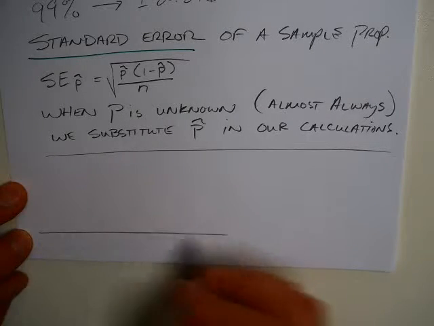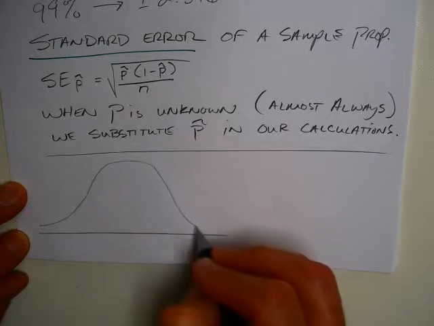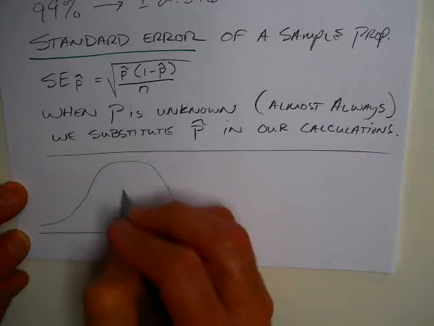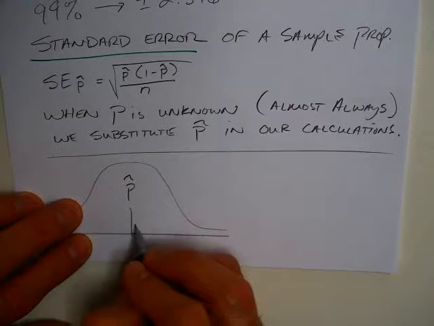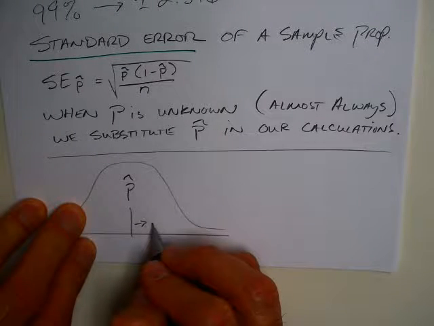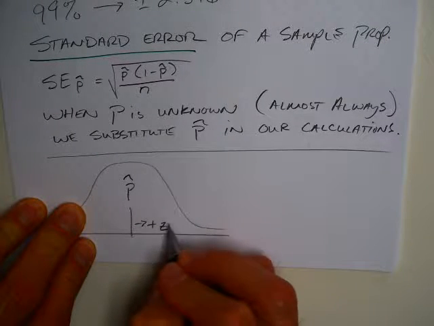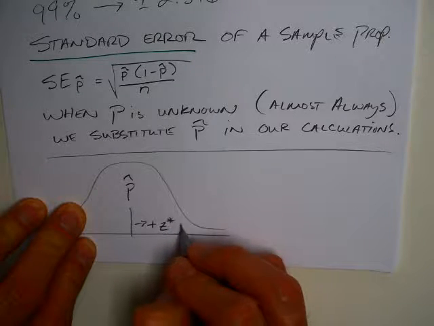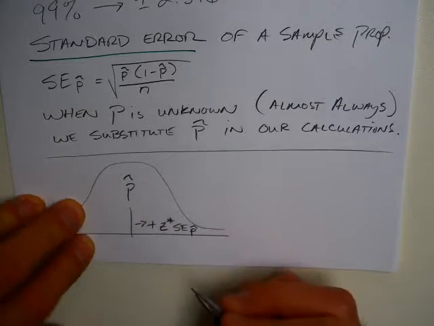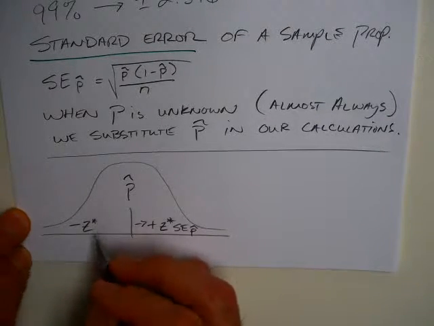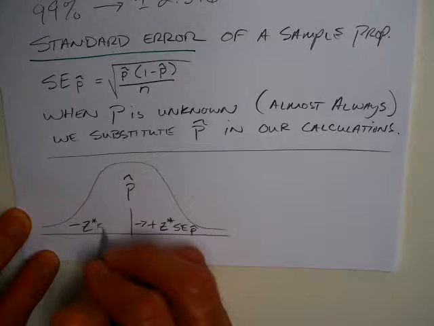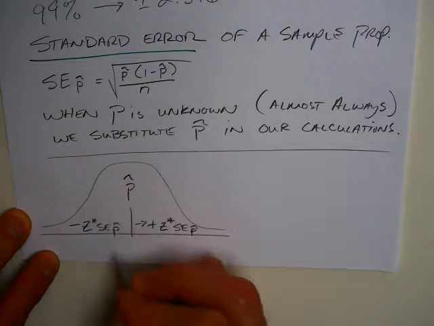So if I draw this out again, I've got p hat here. That's some proportion that we know because it came from a sample. And we're going to be plus Z star times the standard error of p hat, and minus Z star times the standard error of p hat.